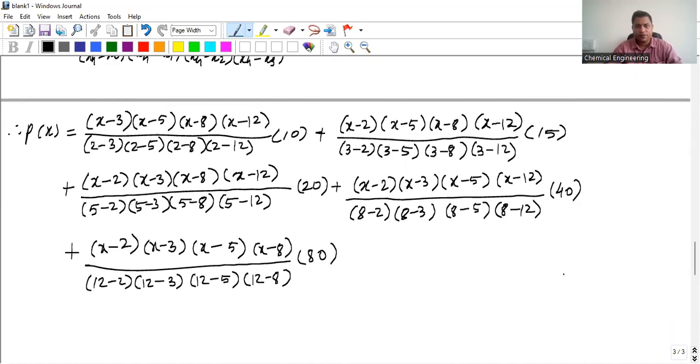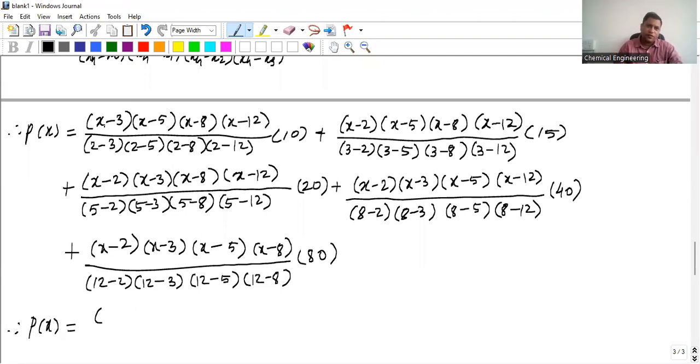Now we have to calculate. Okay, so let us calculate. And hence we have p of x is equal to. So here in the numerator, first we'll try to calculate the quadratic polynomial, and then the fourth degree polynomial.